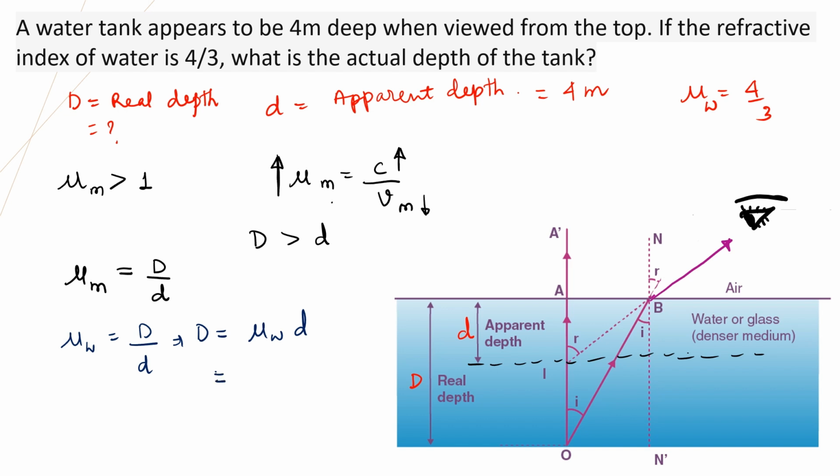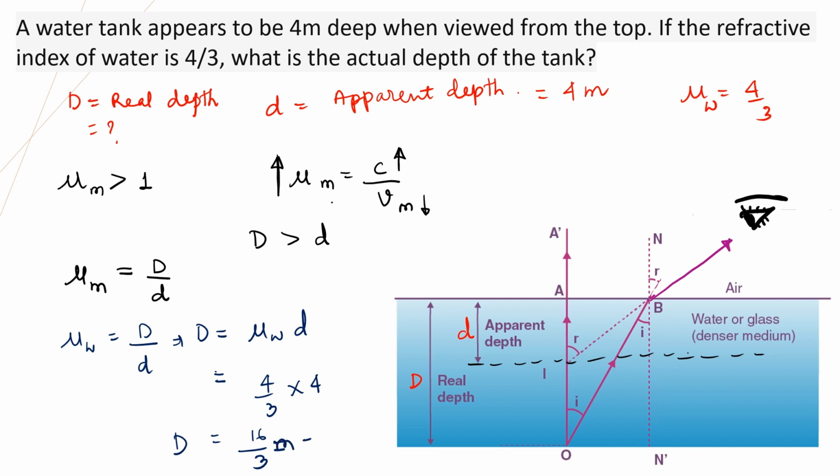So put the values. This is your refractive index 4/3, and apparent depth is how much? 4 meters. So 4 4s are 16/3. So actual depth is 16/3 meters.